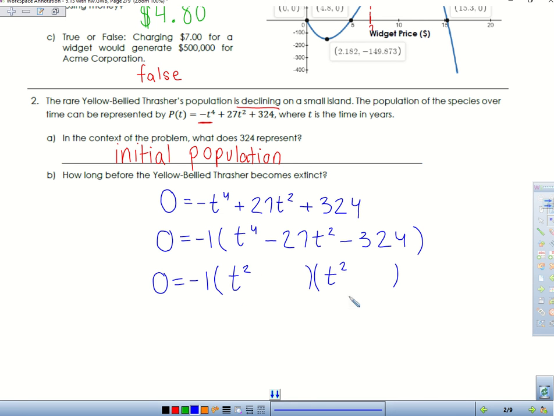What are factors of negative 324 that add up to negative 27? I'll just tell you, as long as you understand that's what I'm doing. Negative 36 and positive 9. So the reason I was able to factor this way is because this is a quadratic-type trinomial.